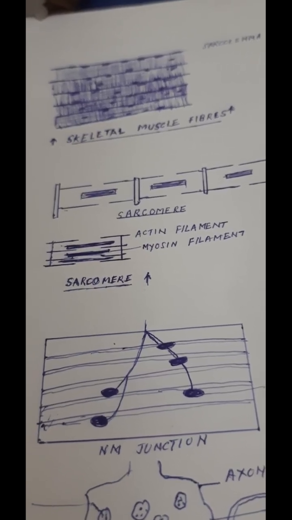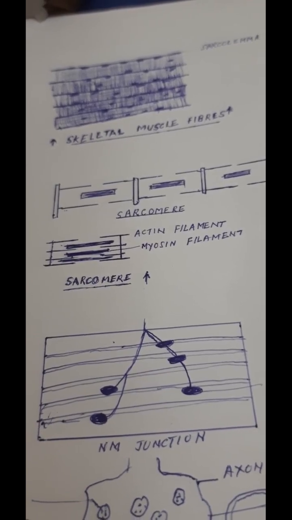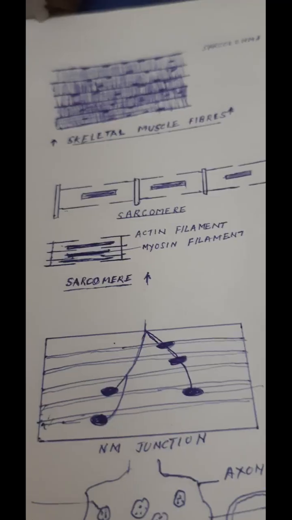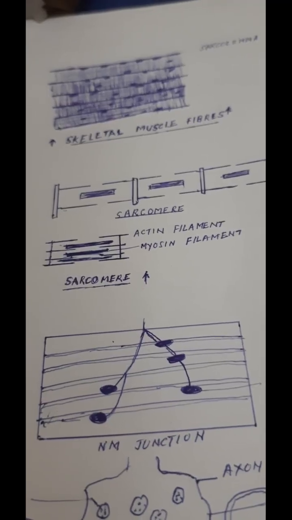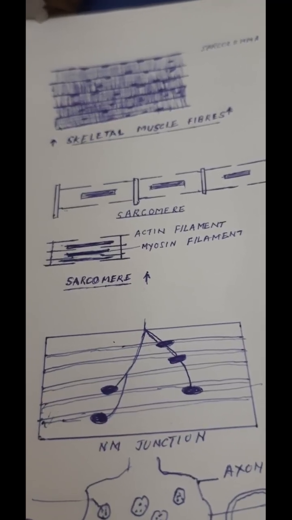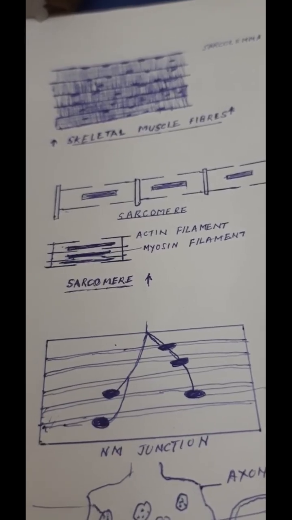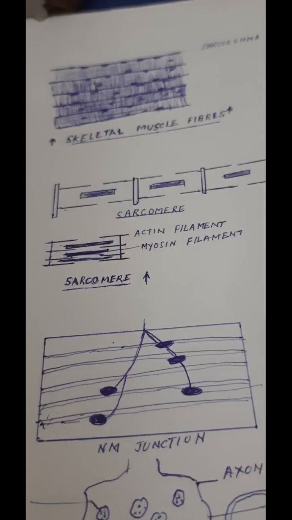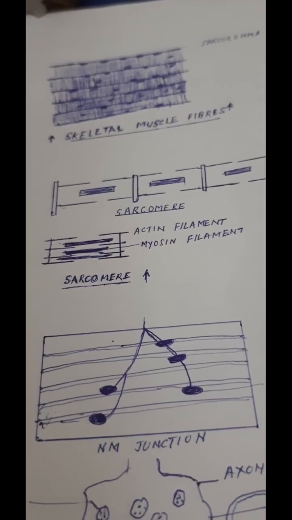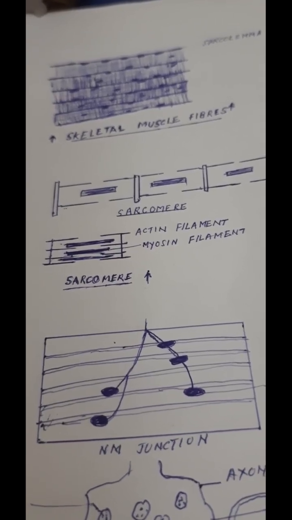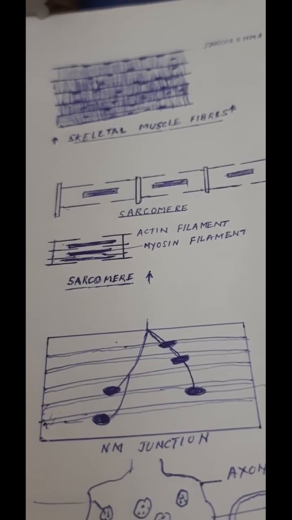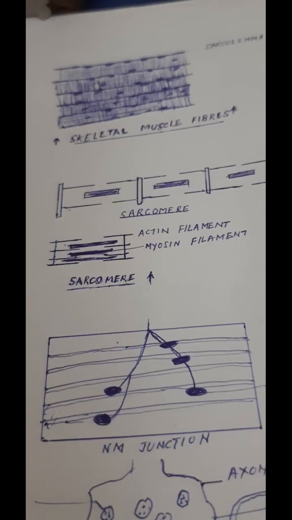One motor nerve fiber may give impulse to a few muscle cells or muscle fibers. Now at this junction where there is a contact, you find a thickened region. This is called the neuromuscular junction.